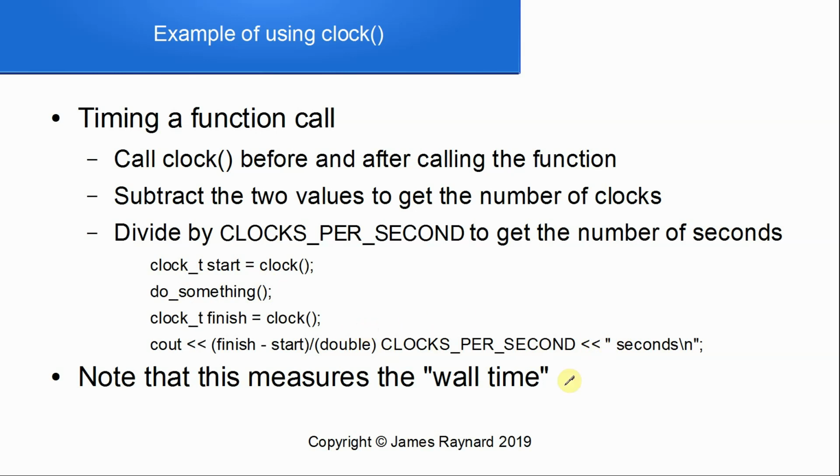This is known in the jargon as the wall time, because in the old days they used to look at a physical clock on the wall of the room as opposed to calling the clock function, but it's basically the same concept. You're measuring the total time which the computer needs to execute this function, as opposed to the total time which the computer actually spends on executing the instructions in that function.